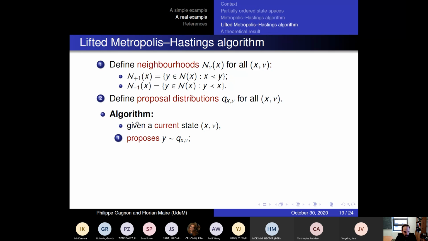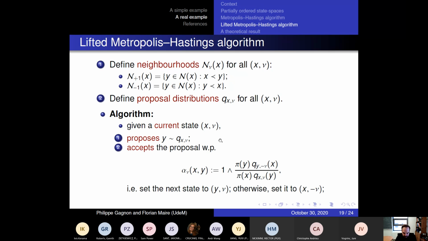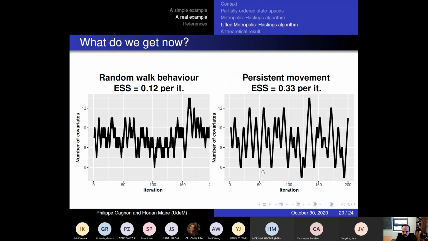Okay, so the algorithm is as before, and you have this acceptance probability that now depends on nu, and here is what we get, for instance, in this example. So we see that we have more straight lines, and we see the difference in ESS.